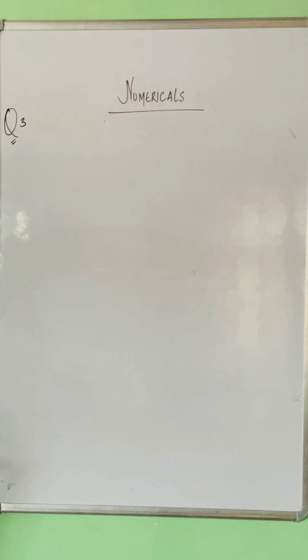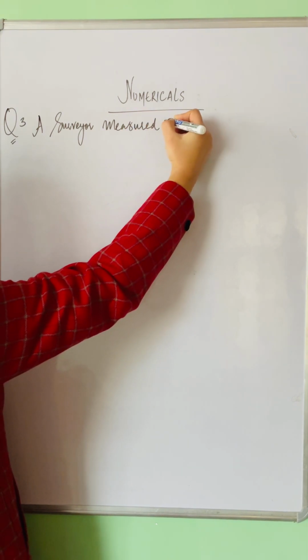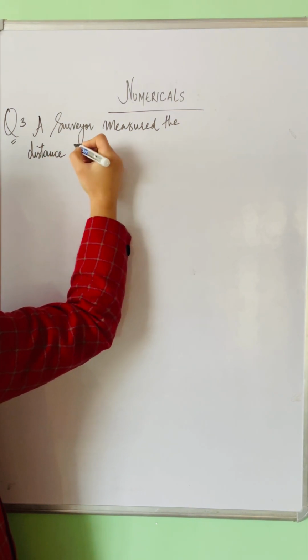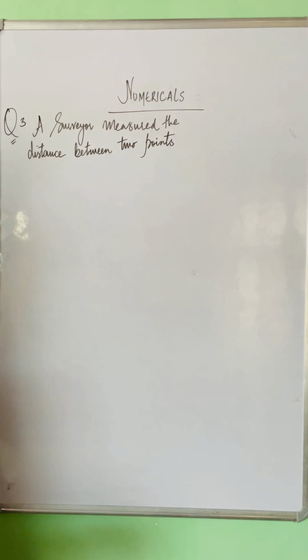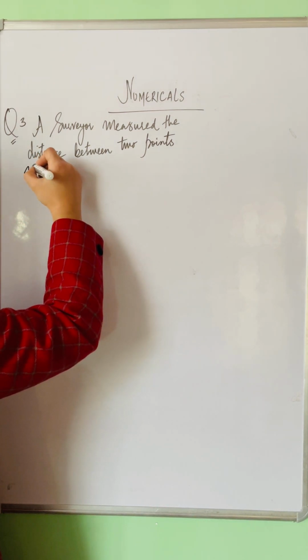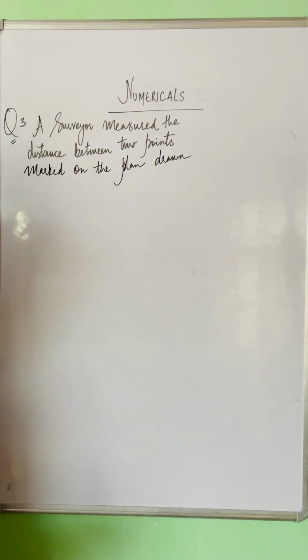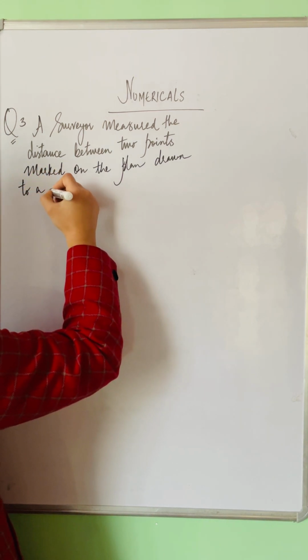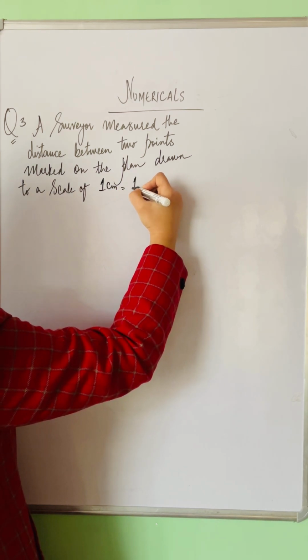Question number 3 is, a surveyor measured the distance between 2 points marked on the plan drawn to a scale of 1 centimeter is equal to 1 meter, right?